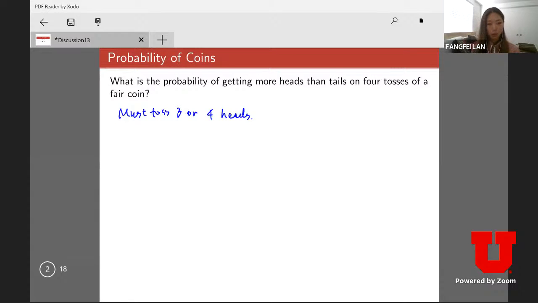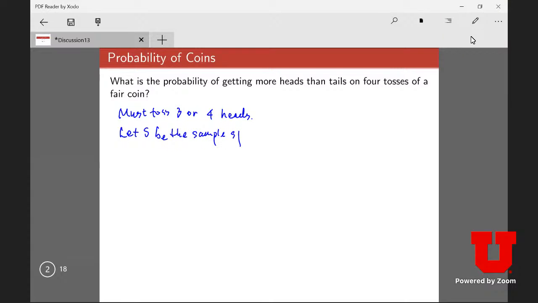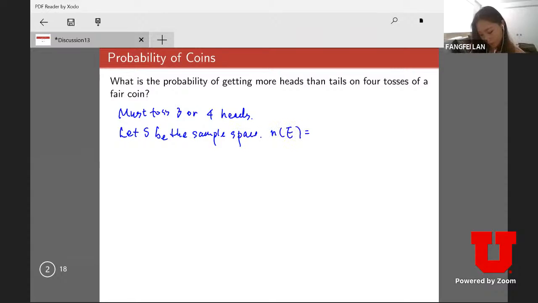If we're tossing a coin 4 times, what's the sample space? Let S be the sample space. It's 2 to the 4. Yep. Why is that?